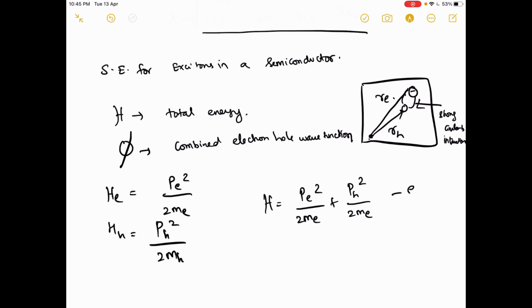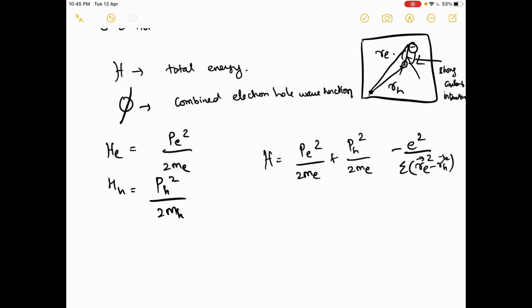So basically it is minus e square by epsilon, that is the dielectric constant of the material, into Re minus Rh, right? This is Rh, this is Re, then the vector gap between the two is Re minus Rh, correct? This is the total Hamiltonian.